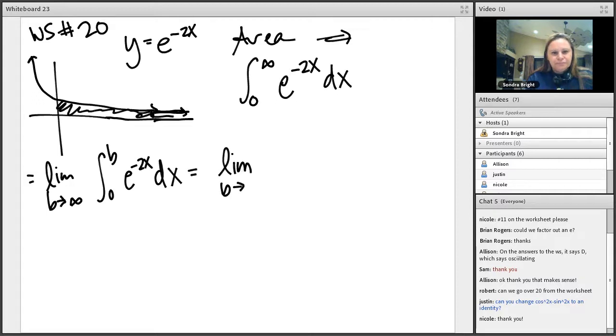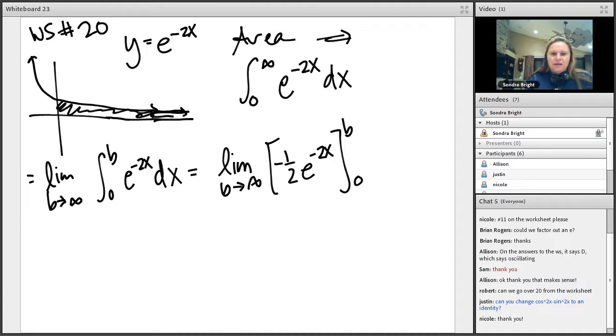The antiderivative of e to the negative 2x would be an e to the negative 2x, and then we would have multiplied by a negative 2 if we were taking the derivative, so you've got to undo that. So it's a negative 1/2 e to the negative 2x, from 0 to b. And so then this is equivalent to negative 1/2 e to the negative 2 times infinity.